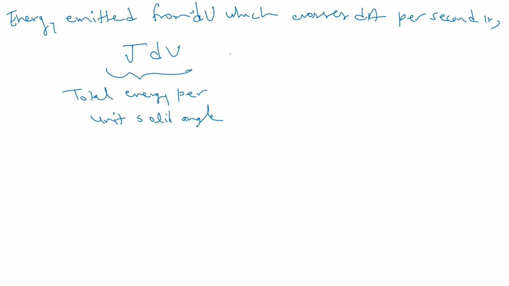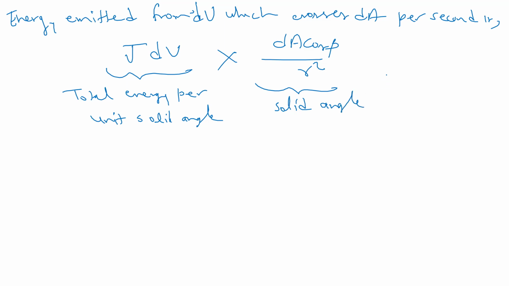So we have to multiply it by the solid angle to get energy per second, and that solid angle is nothing but dA cos beta upon R square. This is the solid angle intercepted by dA.